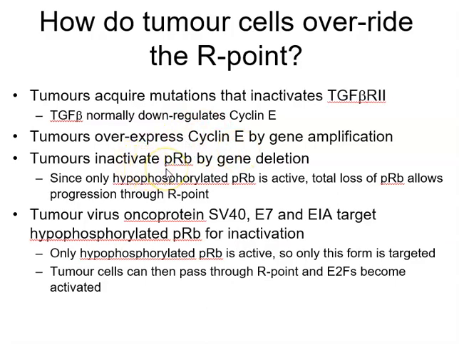Tumours frequently have gene deletions to the RB1 gene. The RB1 gene codes pRB, so if you have no pRB protein, you have no ability to sequester E2F transcription factors. What's not on this list is that E2F transcription factors themselves can be overexpressed, so there's more E2F than pRB, and therefore the E2Fs are always free to drive S-phase.